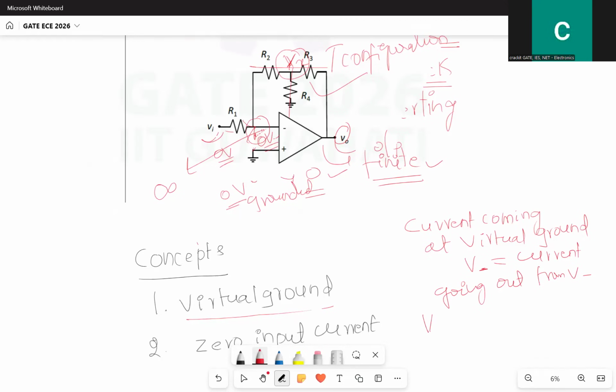So Vi minus V minus, that is virtual ground, divided by R1 is equal to V minus minus Vx divided by R2.